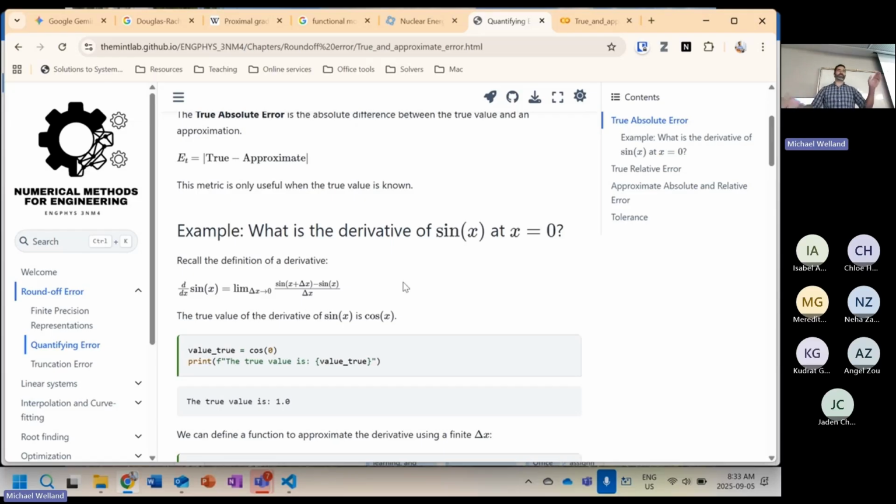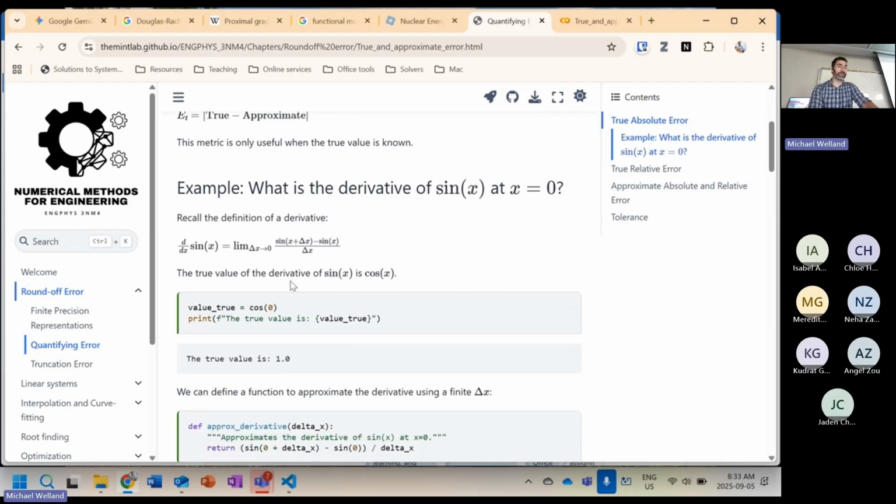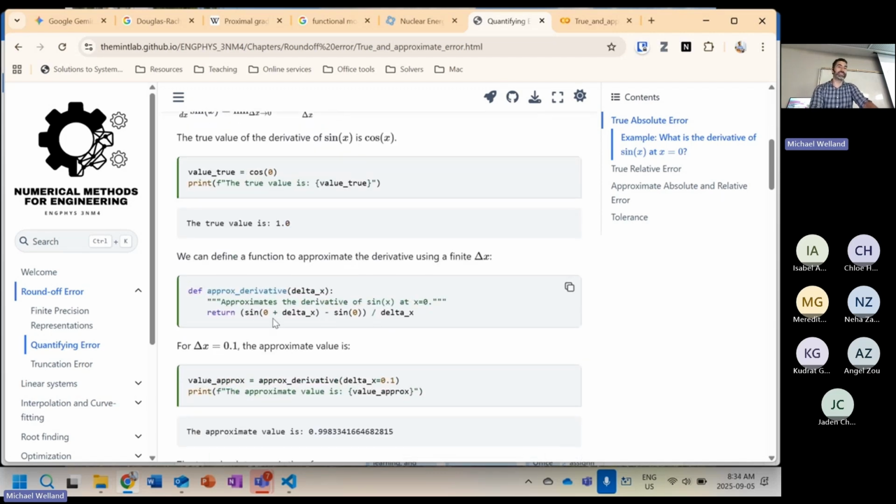Your final minus your initial over the change, right? That's called the forward difference method because you're looking forward in space, right? So the true value is cos of 0, that's 1, right? True value is 1. And the approximate is whatever that sine is plus a little bit, minus the sine at the original point, so sine 0, divided by delta x.